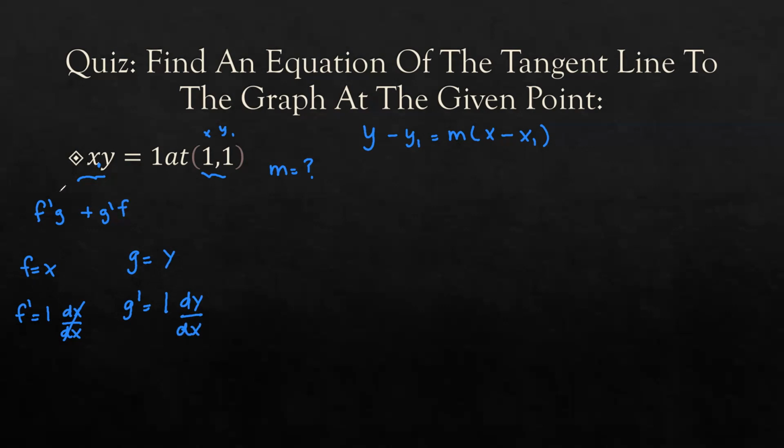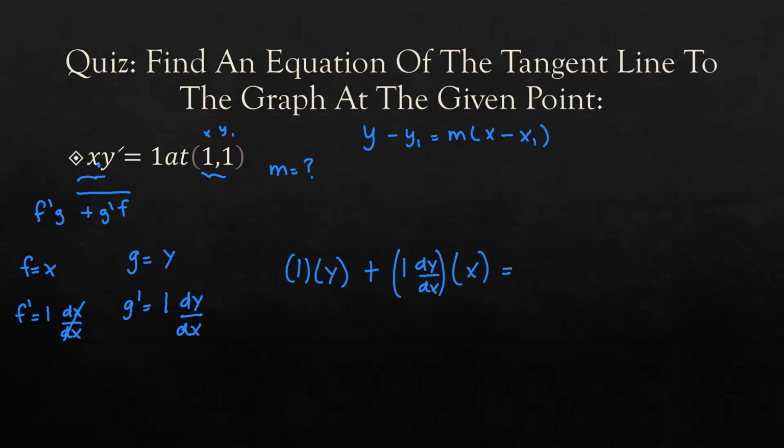Okay, so now let's apply the product rule. So f prime is 1, and then g is y, plus g prime, which is 1 dy/dx, and then f is x.